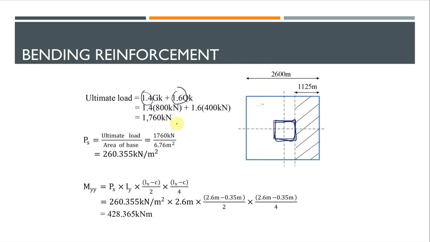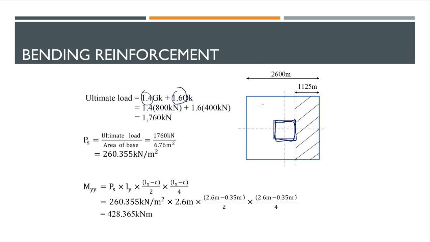Okay, so kita pun tengok because of the area of footing is actually 6.76, so 1760 ni kita kena divide lah dengan the whole area of the footing. So basically what it means is 1 meter square of footing will be transferred as much as 260.355 kilonewton. Okay, dekat footing ni lah.